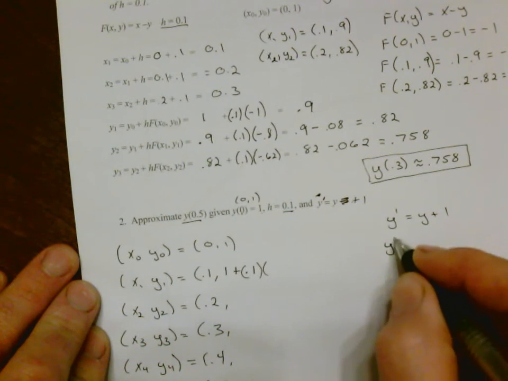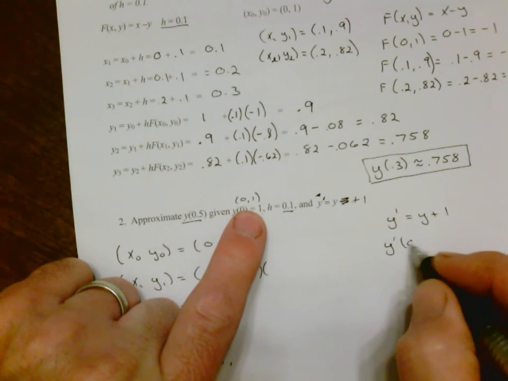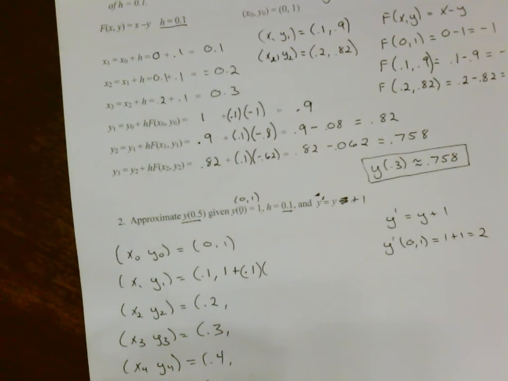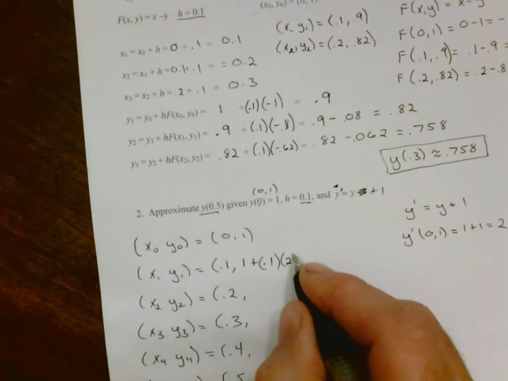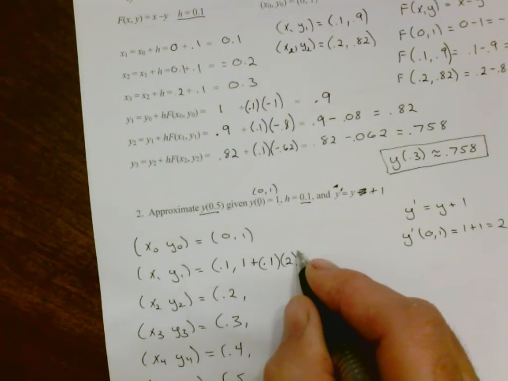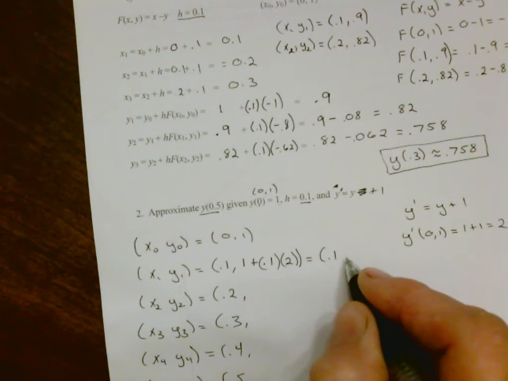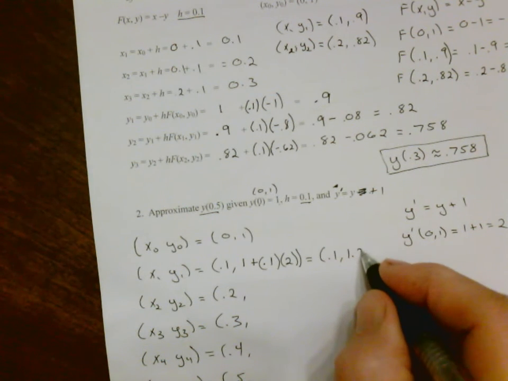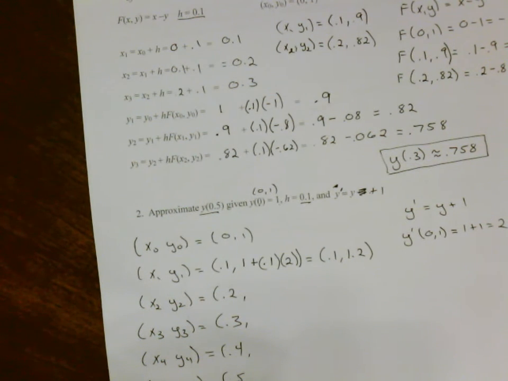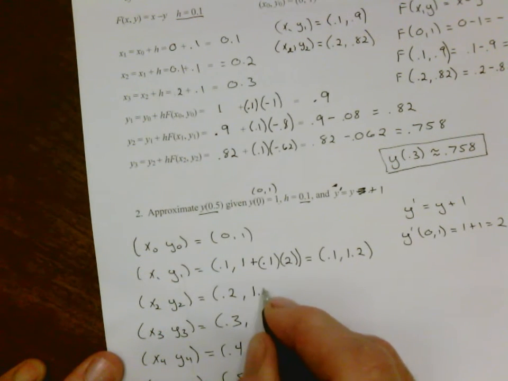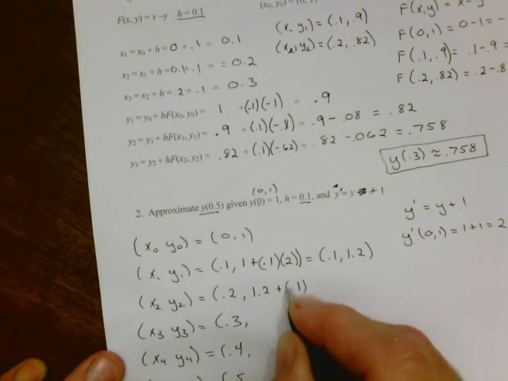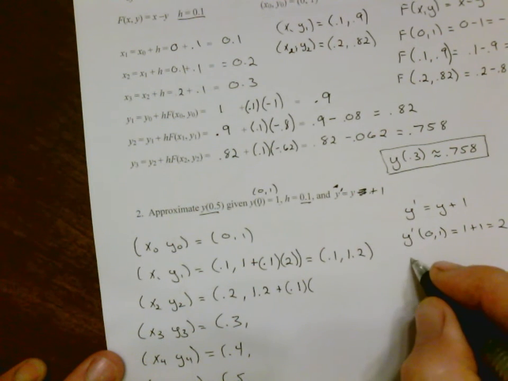So in the first case, you have y prime, and you're plugging in the 0, 1, is just going to be equal to, well, that's just 1 plus 1, which gives you 2. Okay, so this is going to be 2. So this is going to be equal to 0.1, comma, and they have 1 plus 0.2 is 1.2. Okay, the next one. So you go to the prior y location, which is 1.2, plus you're going to add on the step of 0.1 times the derivative at the prior location.